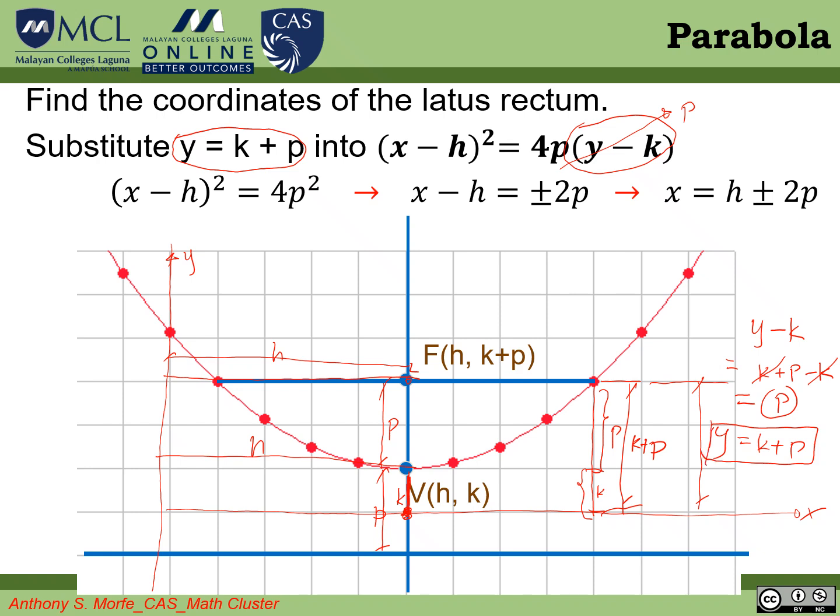Y equal to k plus p, substituting this to y minus k. So y is k plus p, so k and negative k cancel, and what remains is p. So substitute here. Y minus k is just y minus k, and this is coming from here.